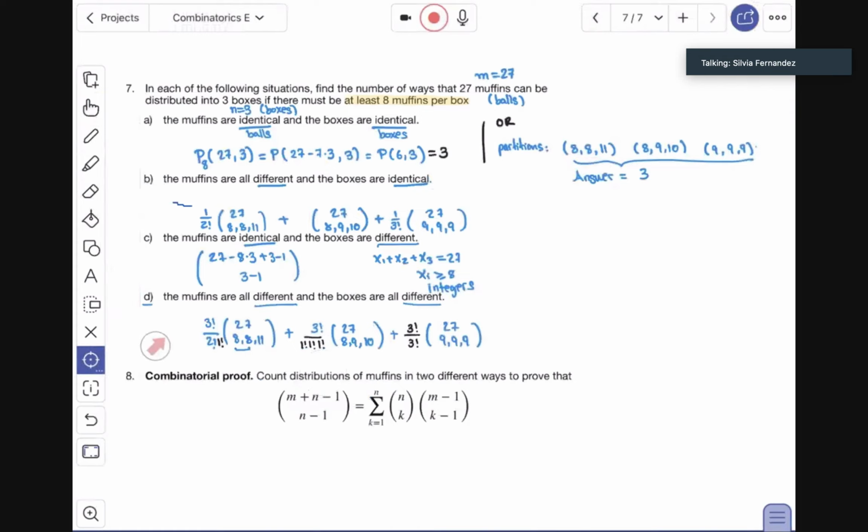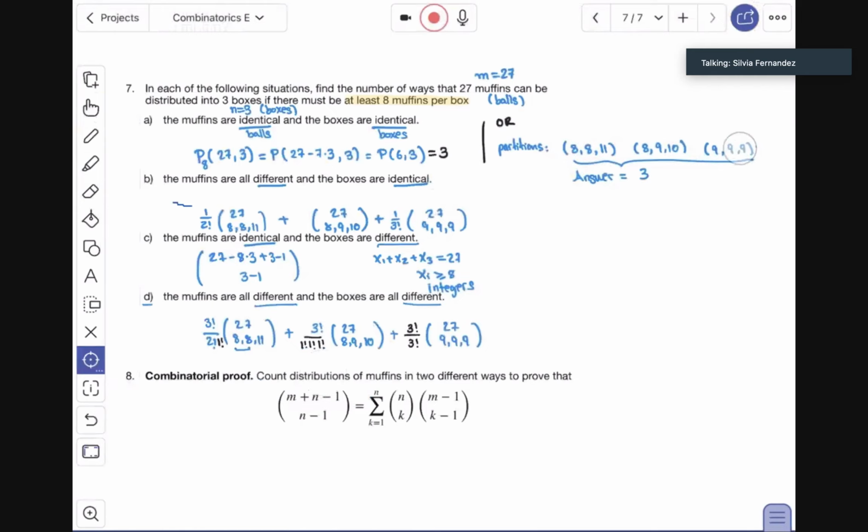But for parts B and D, you need to know what goes on the bottom part of the multinomial. You need it. And therefore, even if you didn't do part A this way, you're going to need to find those triples in order to solve that problem. That's why I originally wrote it here. But you're right. If I'm asking for the number of partitions, this is the answer.